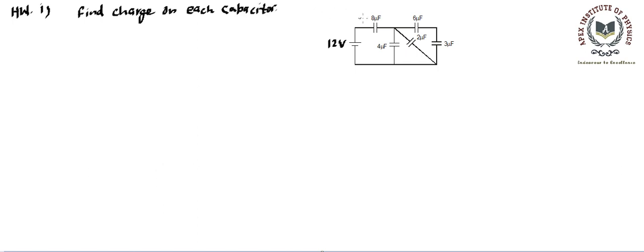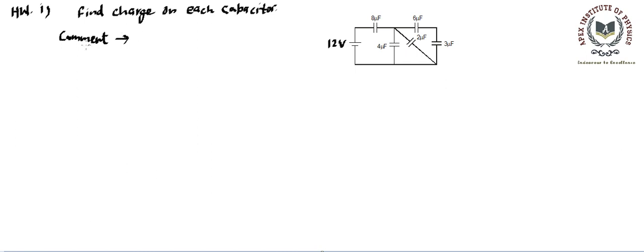So you need to find the charge on each capacitor, and then answer in the comment box below. For the answer in the comment box, let's say, you answer only for the charge on the 3 microfarad capacitor.